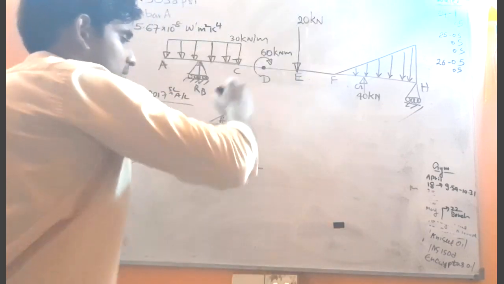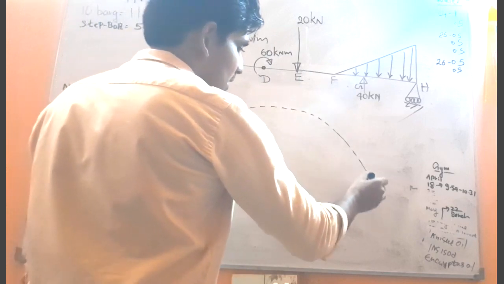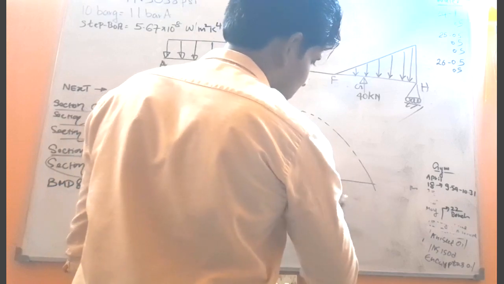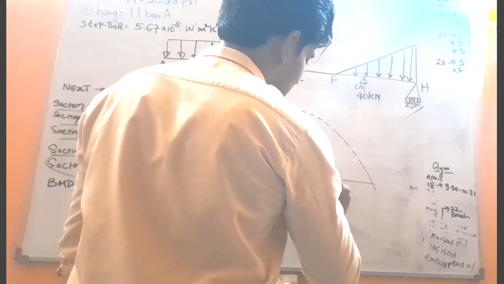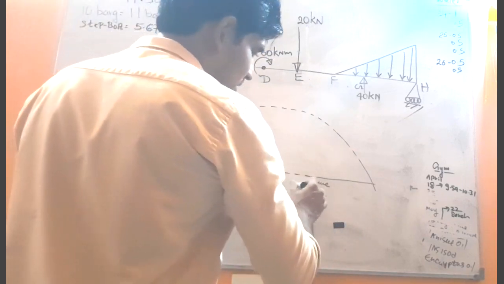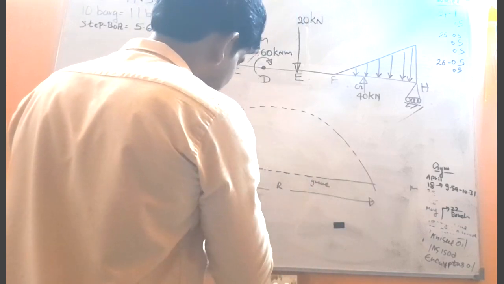When this particle is projected, it will follow a path like that, and at one particular point it will touch the ground. This is the ground. So what is this? This is the range R.